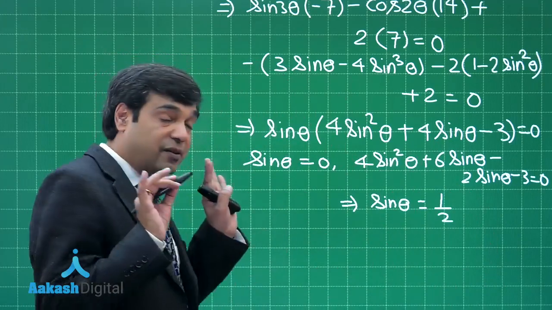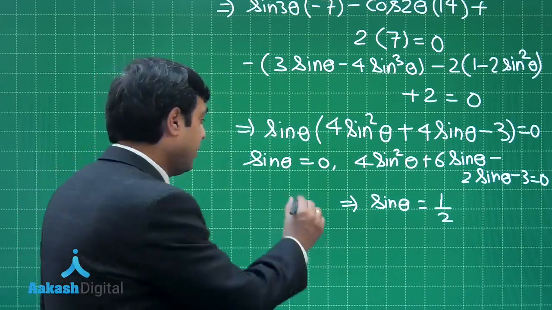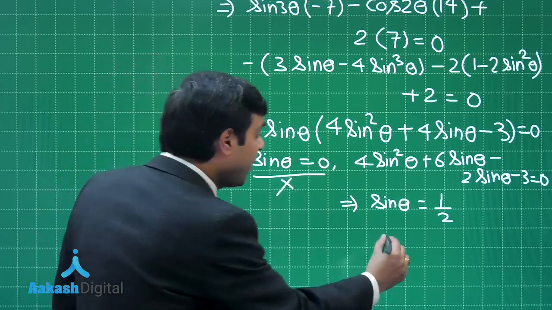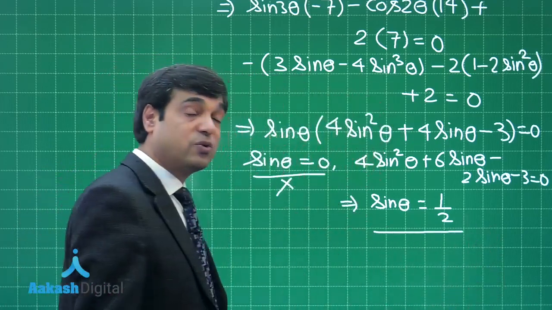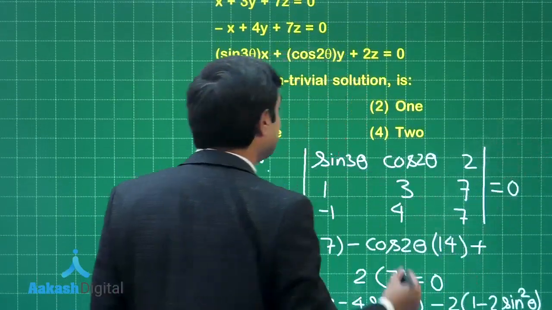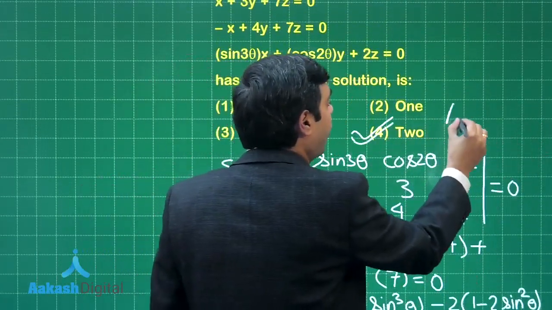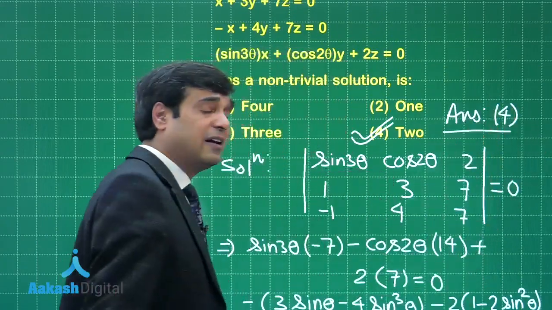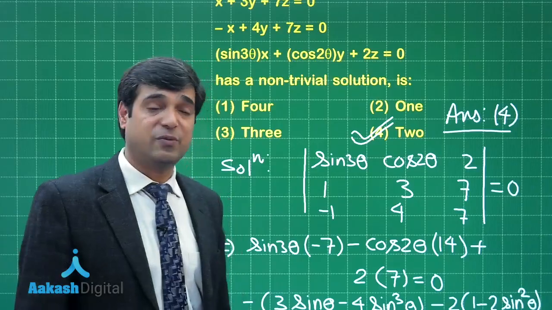Now, in the open interval 0 to pi, sin theta equal to 0 is not going to give you any value. Sin theta equal to 1 by 2 will be taken twice, once in the first quadrant and another time in the second quadrant, that is pi by 6 and 5 pi by 6. So, the correct answer is option number 4. I am sure this part is clear. Let us move on to the next question, that is question number 4.